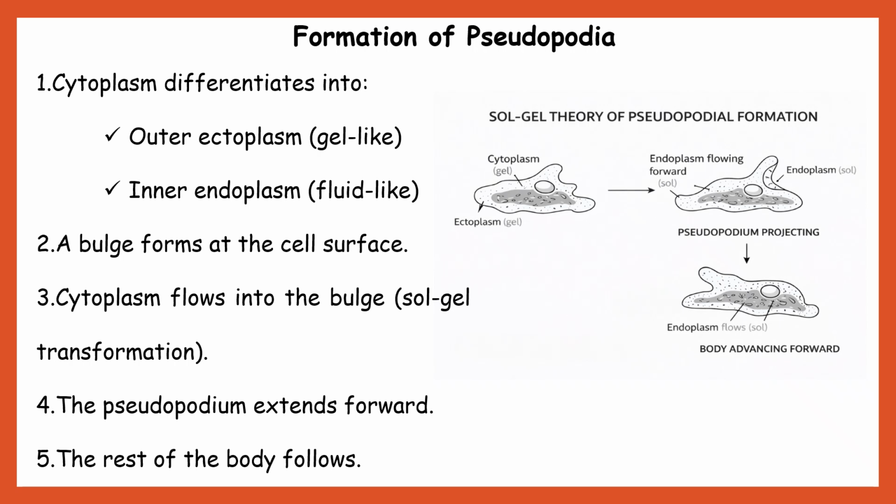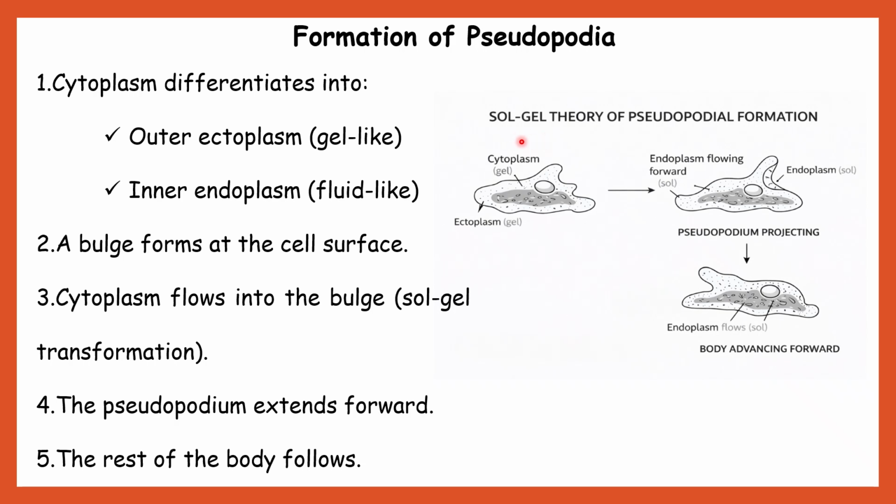Now let's talk about how these pseudopodia are formed by protozoans. To explain the formation of pseudopodia, many theories were proposed by scientists, but among all those theories, one is widely accepted.